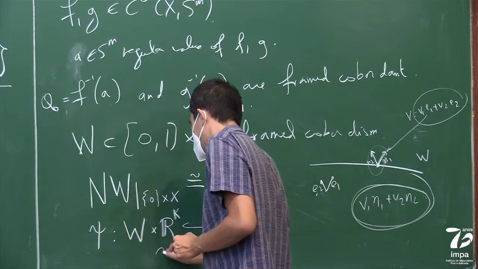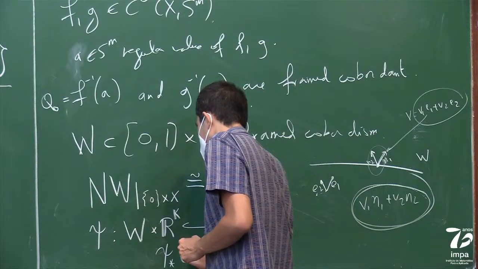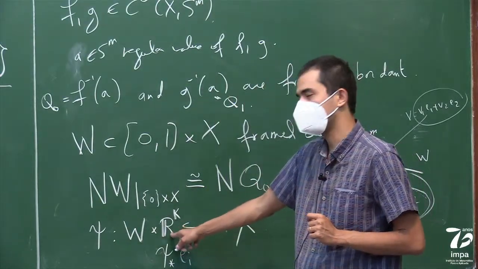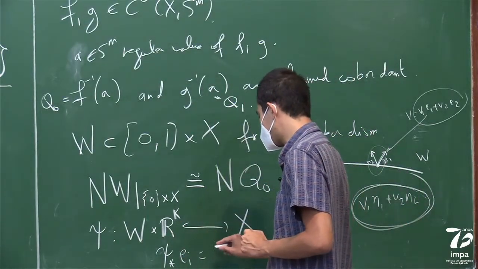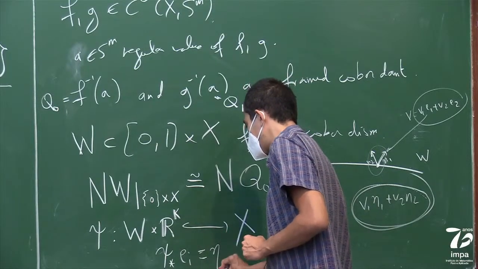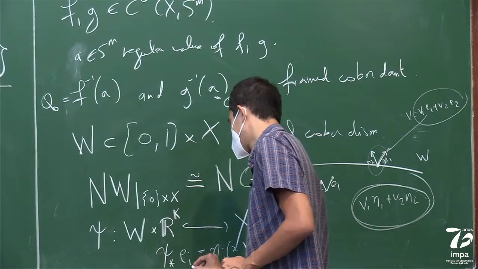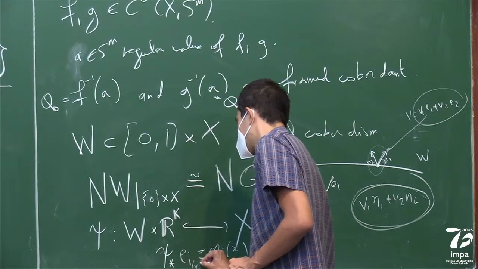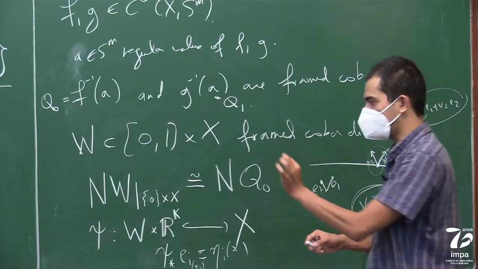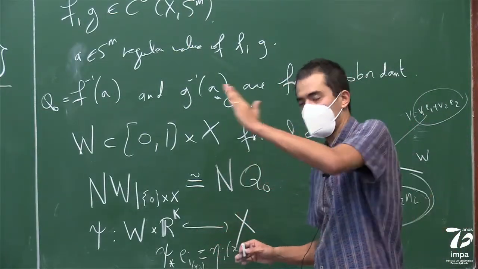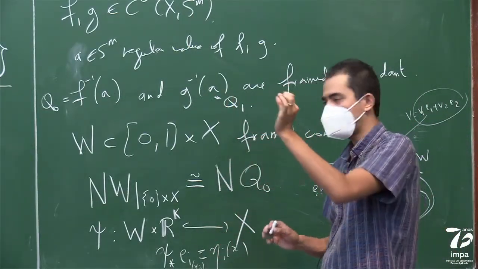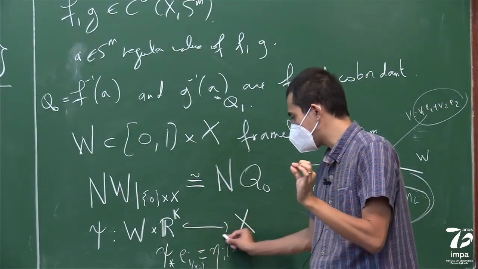I can write it like this. Phi star of e_i, where e_i is the basis of Rk, this really is the eta_i of x at x0. So if I take a point in W and then I take the derivative of e_i at the point 0 here, then I get eta_i.